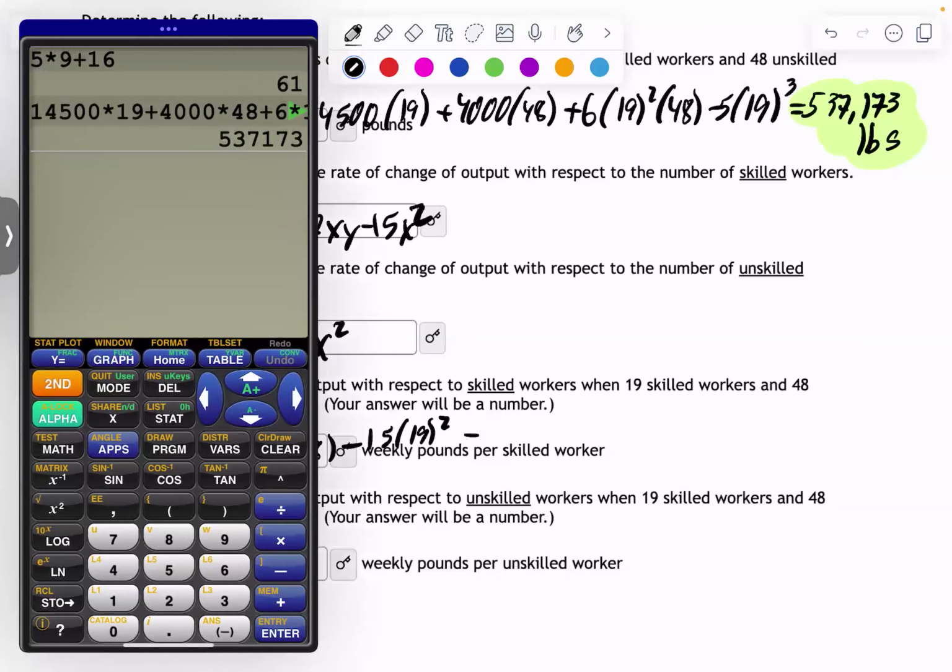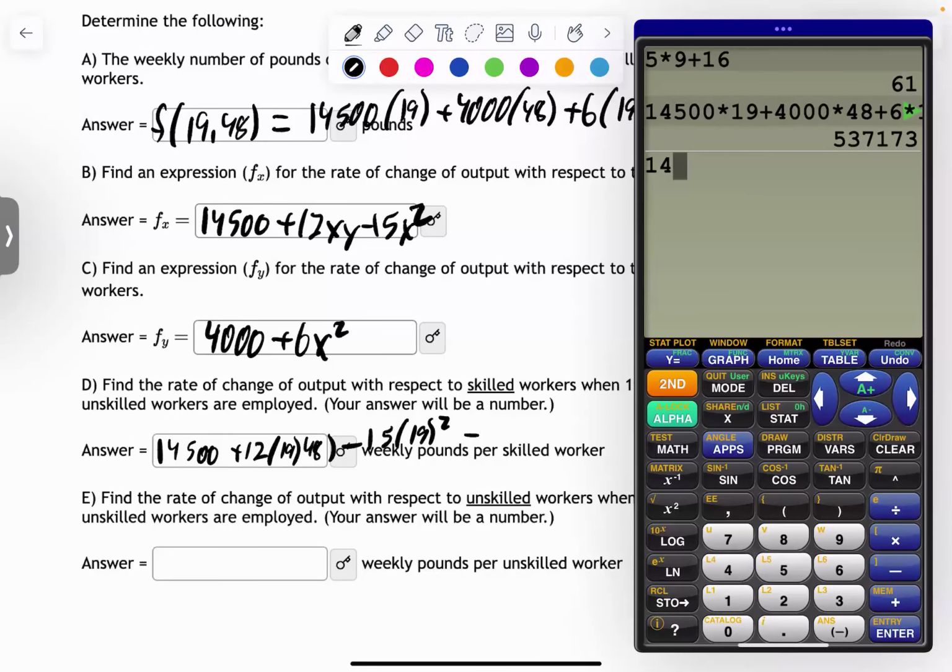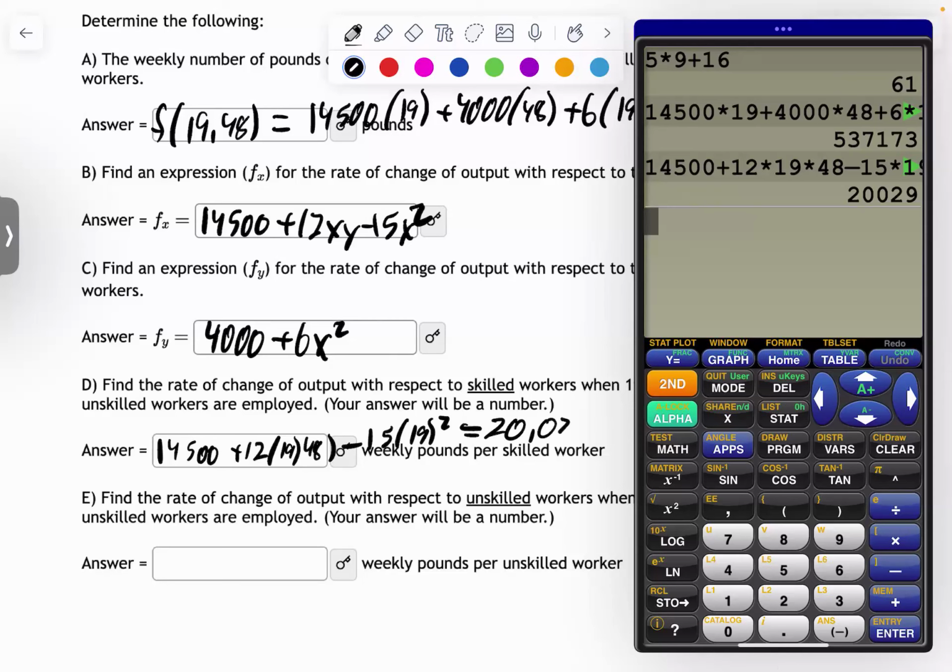Let's see what we get. 14,500 plus 12 times 19 times 48 minus 15 times 19 squared. So I'm getting about 20,029 weekly pounds per skilled worker.